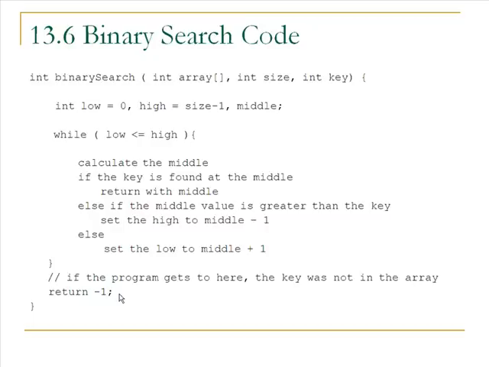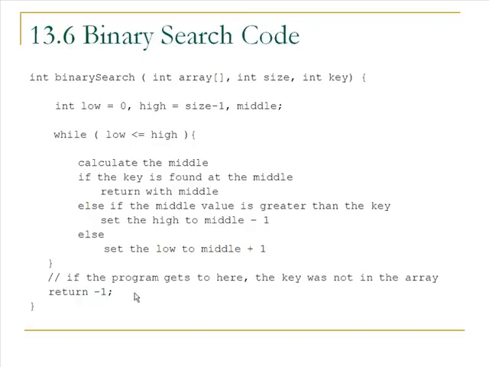So -1 is not a valid index into an array, and whoever calls this algorithm will recognize that if it returns -1, then the search failed to find what it was looking for.